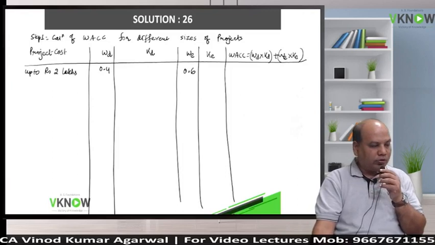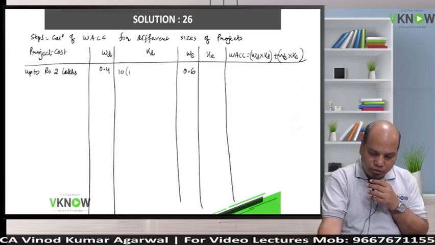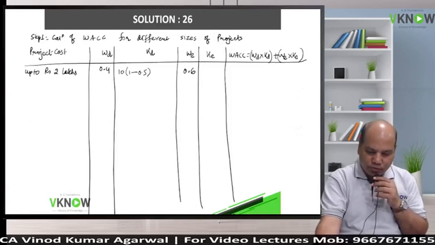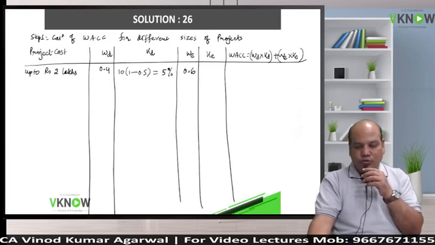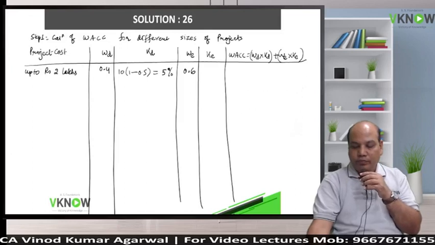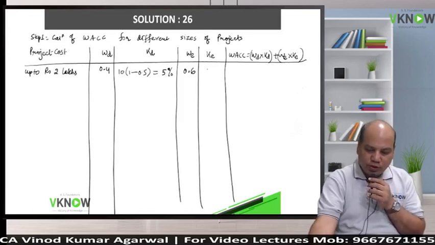What will be cost of debt? It is 10 into 1 minus 0.5, tax rate is 50%. So 5%. After tax cost of debt will be interest rate into 1 minus tax rate. Formula already written. Cost of equity is 12%. Cost of equity we don't multiply by 1 minus t. I hope you know that.